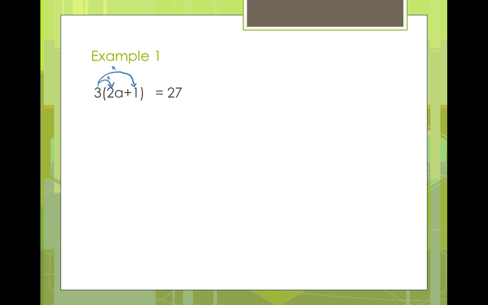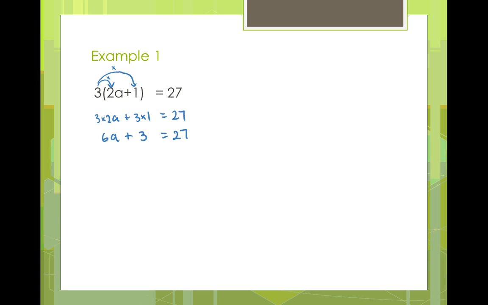So on the left hand side we're distributing that 3 to the 2a, so we're multiplying the 3 by 2a, and of course we're multiplying the 3 by the 1. And on the right hand side we've just got 27 sitting there waiting patiently. The left hand side, you might have been able to do this in one step, now simplifies to 6a plus 3 equals 27 on the right hand side.